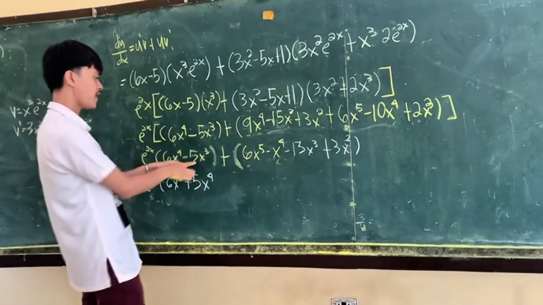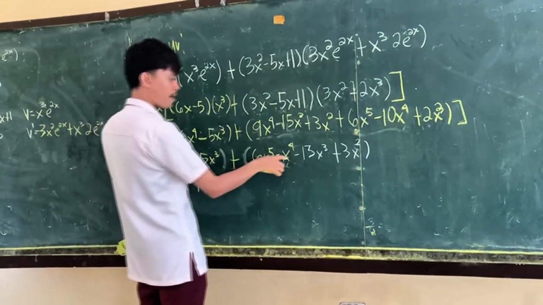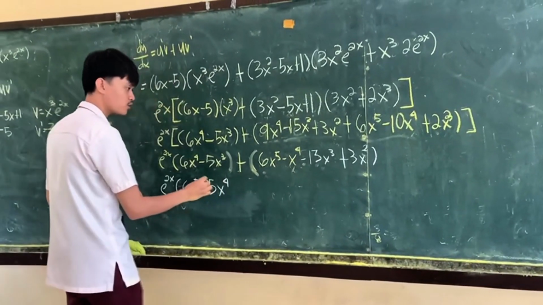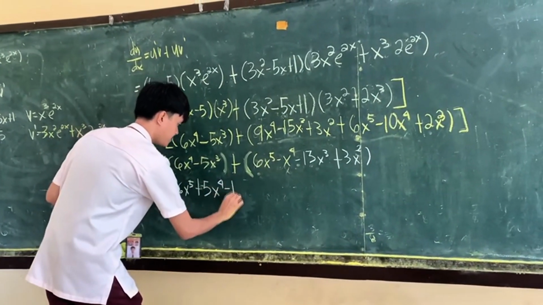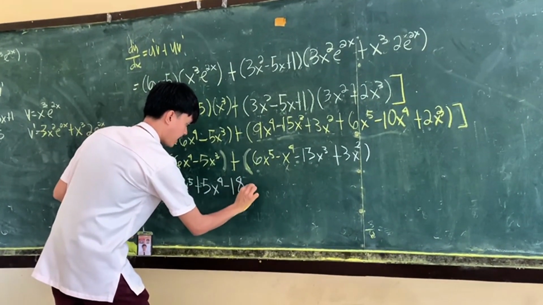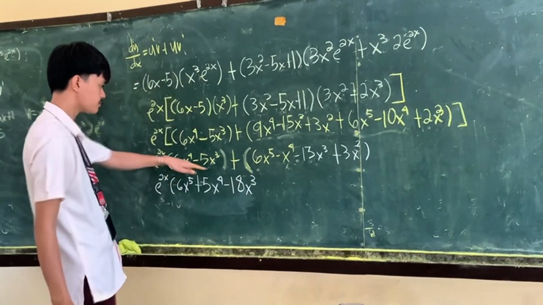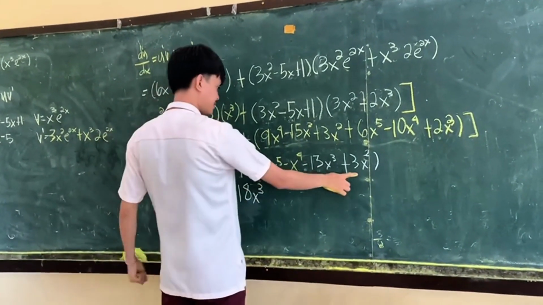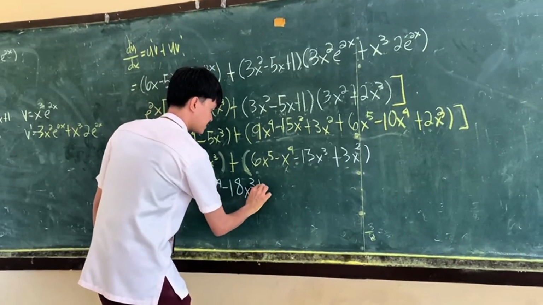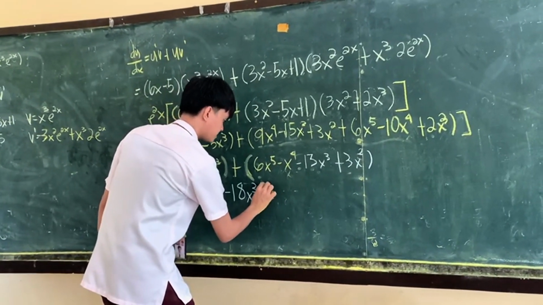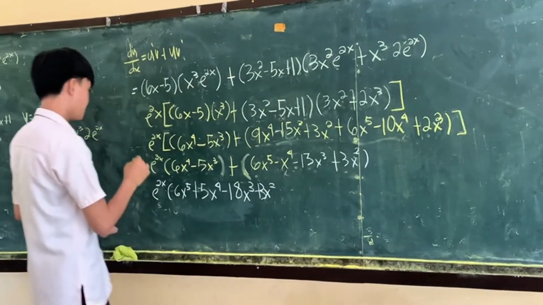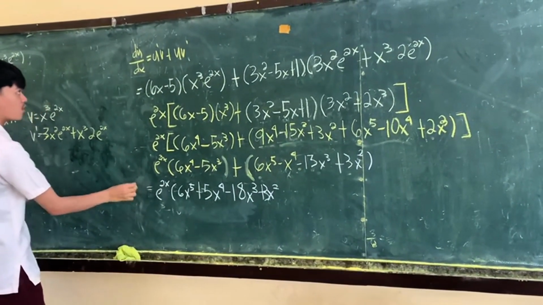Now, negative 5x cubed minus 13x cubed is equal to negative 18x cubed. And then, let's just copy this one. Plus 3x squared. Therefore, this is our final answer.